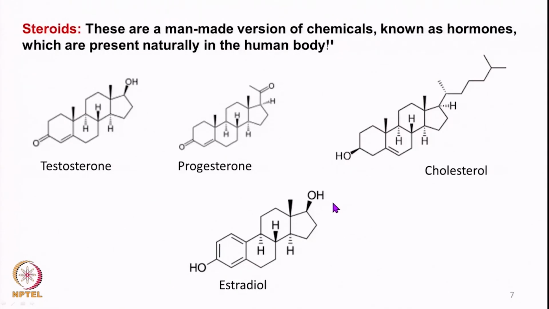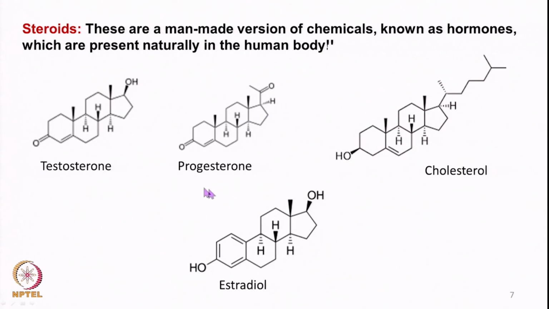Now, there are steroids. These are man-made versions of chemicals known as hormones, which are present naturally in our body. The hormones which are present in our body play a very important role. For example, testosterone has a structure like this, which is a male sex hormone.